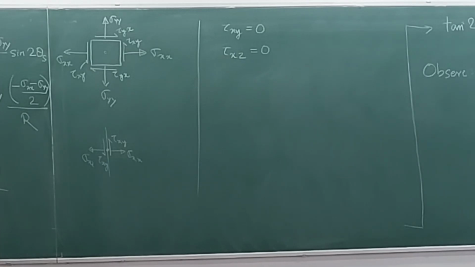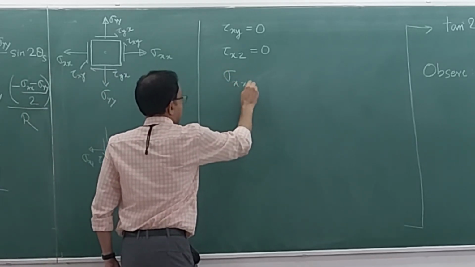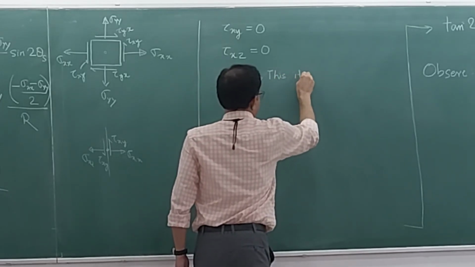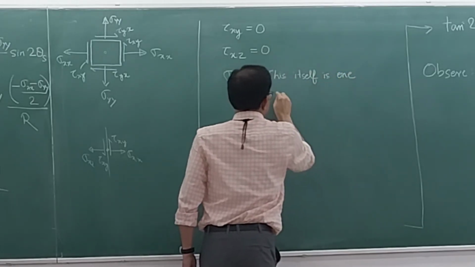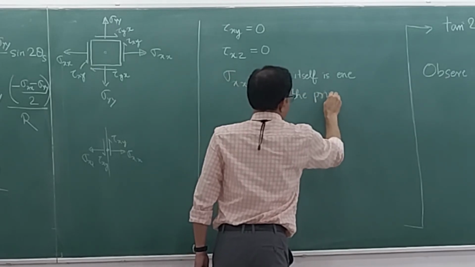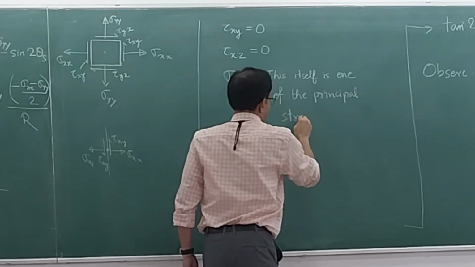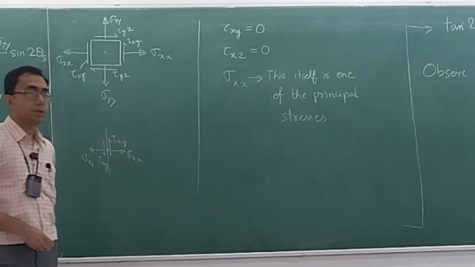If they are all 0, then the normal stress which is there, the sigma xx, this itself is one of the principal stresses.